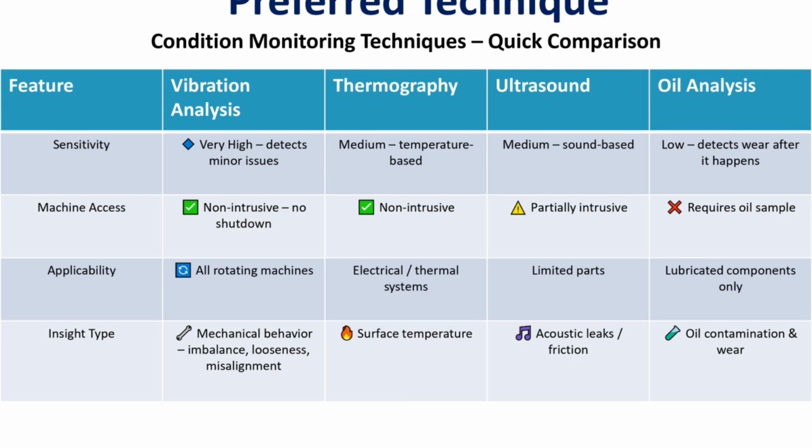There are some reasons for this. This technique is highly sensitive, so even a small change or small deviation in the machine behavior can be detected immediately. Second, it's non-intrusive, because we don't have to open or stop the machine to note the changes happening in it. Third, it's applicable to almost all kinds of rotating machines, from small motors to large turbines.